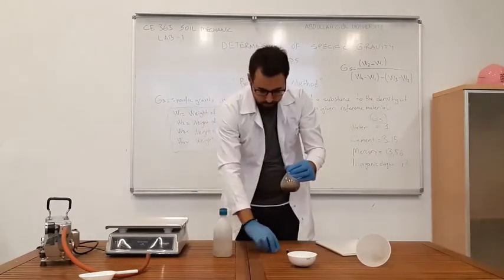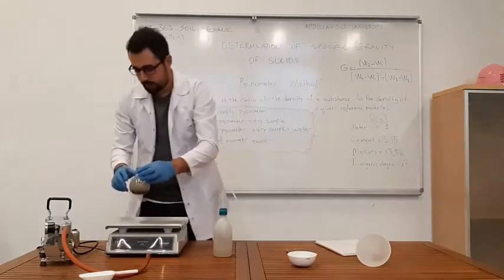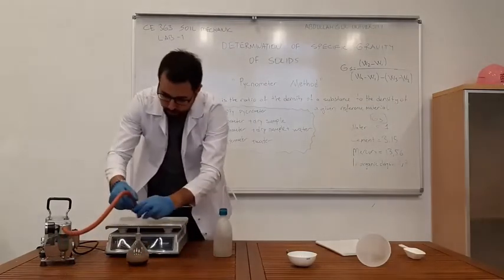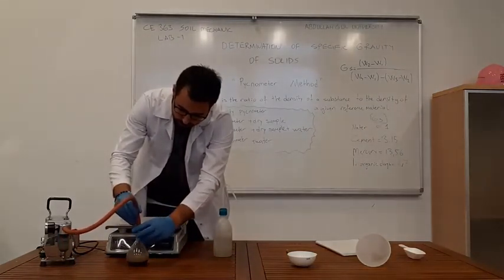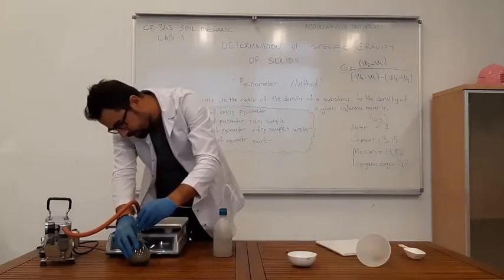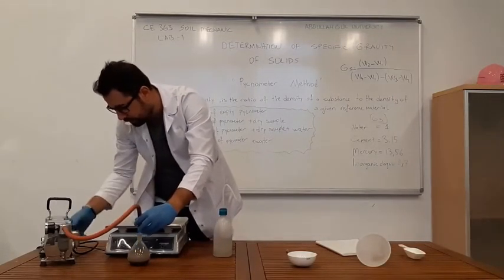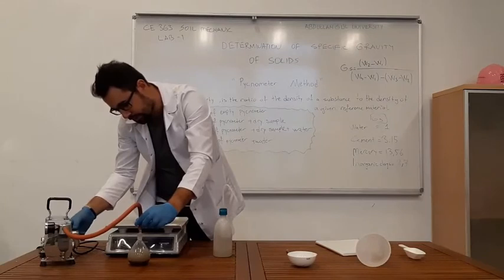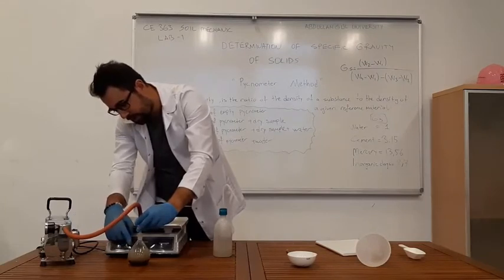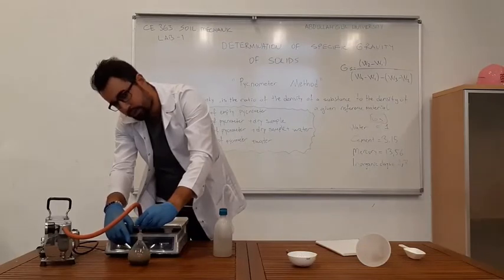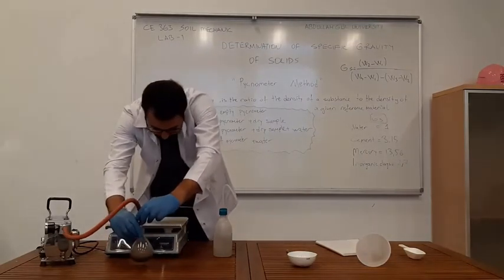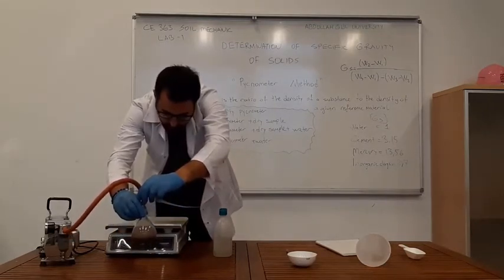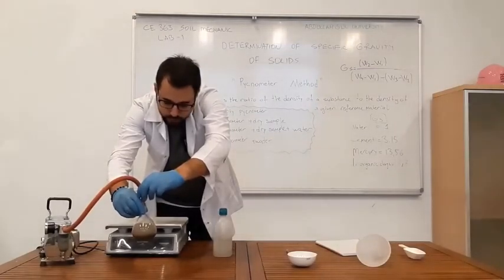So what should I do? Now I will use the air vacuum pump and I will vacuum the air inside the pycnometer. So this device is taking the air bubbles outside of the pycnometer. As you can see, the air bubbles are coming to the surface of the water.